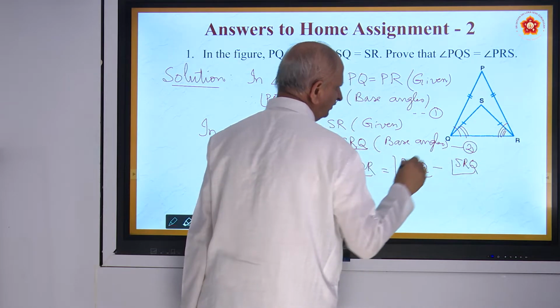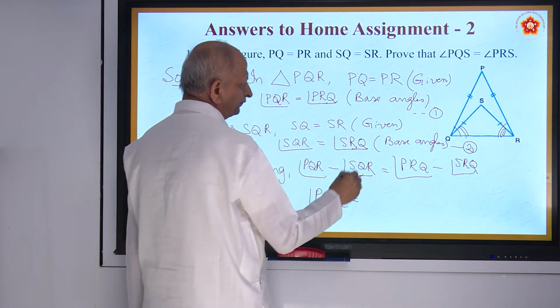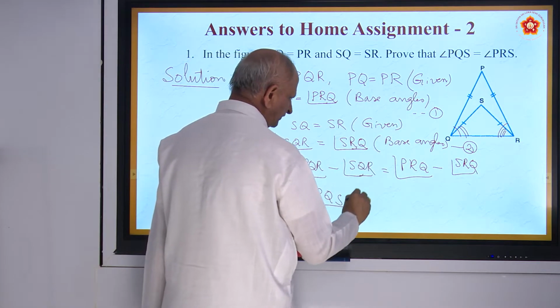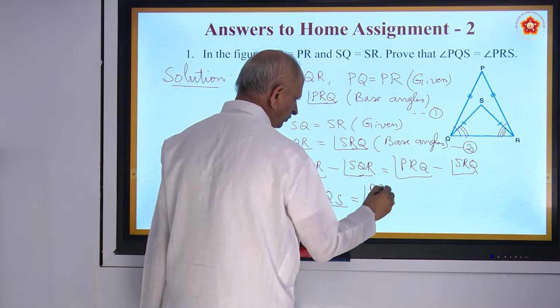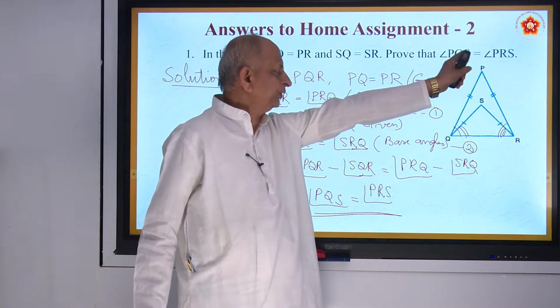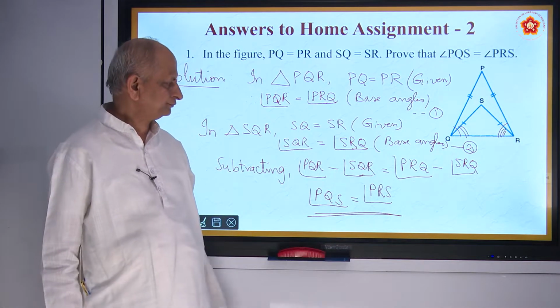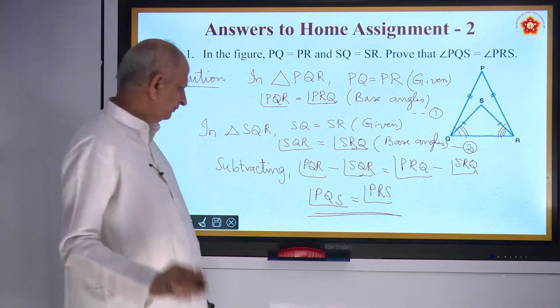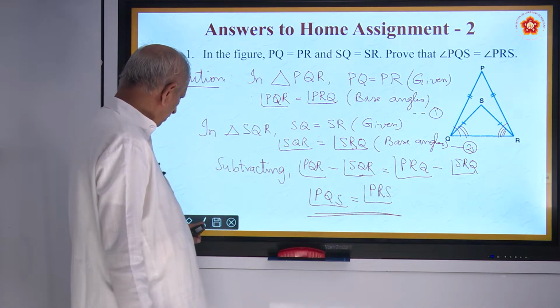So if you subtract that, you get PRS. That's all what you have to prove, right? So this is to be proved. PQS is equal to PRS. Alright, noted? Very nice. Shall we go on to the next problem?